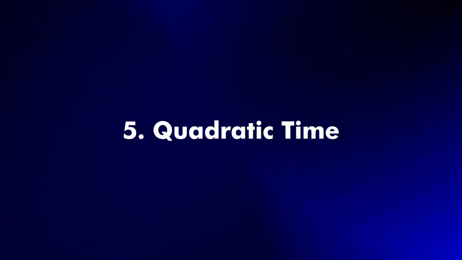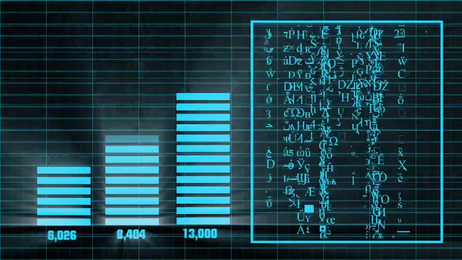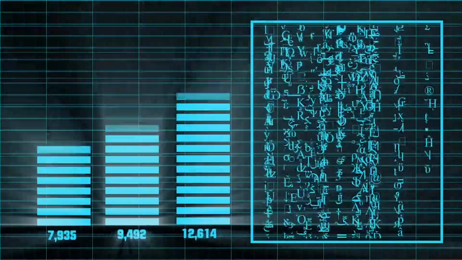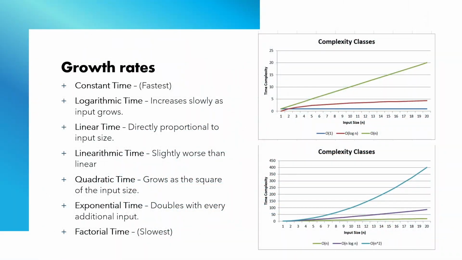And then we'll look at the quadratic time. And in this time complexity, the running time grows quadratically. And this is usually found in algorithms with nested loops. For example, when you have a nested loop, each item in the outer loop causes the inner loop to go through all its items.